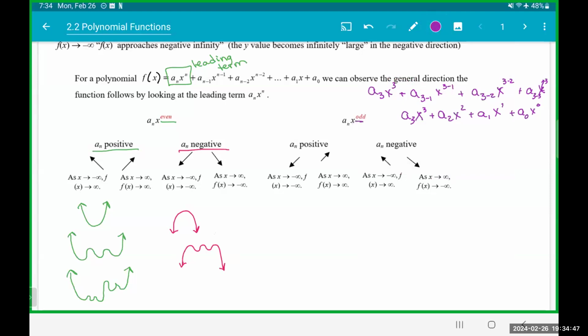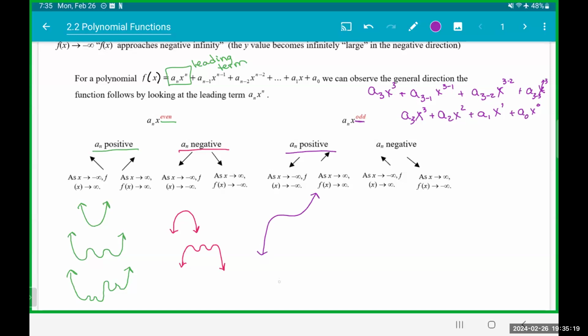If we're looking at odd now, if that exponent is odd, so maybe it's just 3x, or maybe it's 3x to the 3, or whatever it may be, then we're going to be dropping to the left and rising to the right.